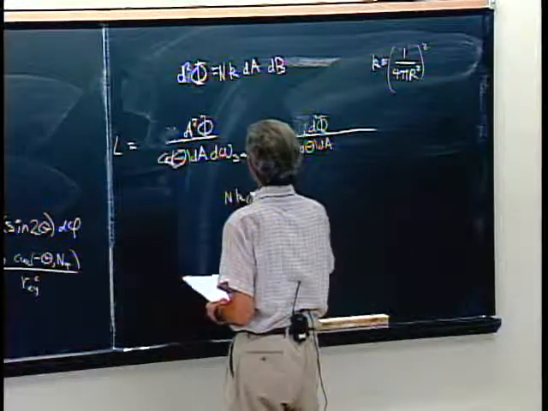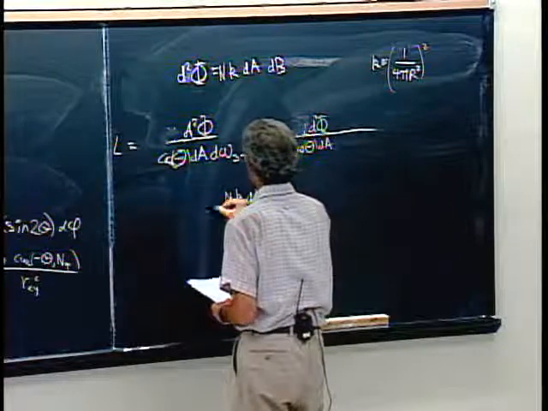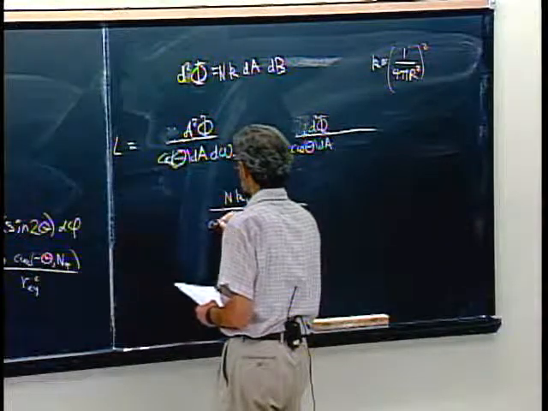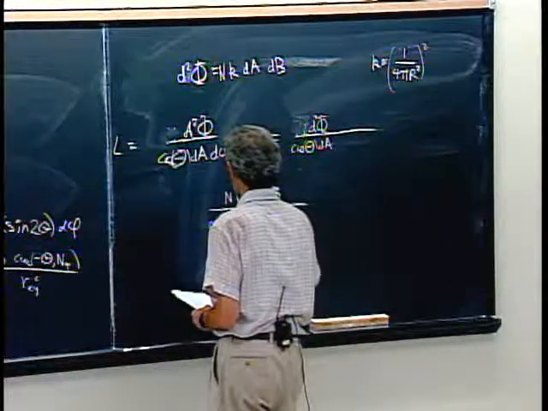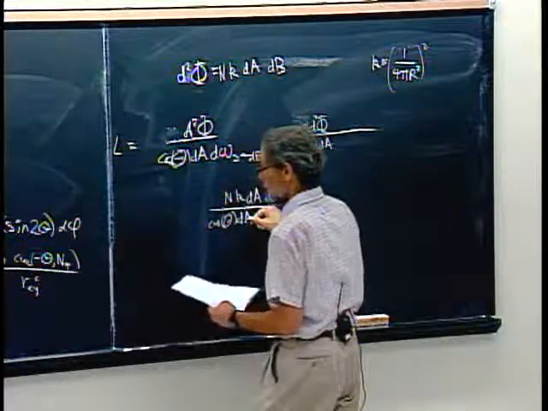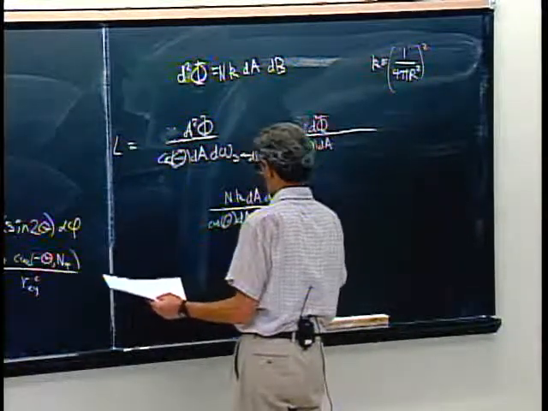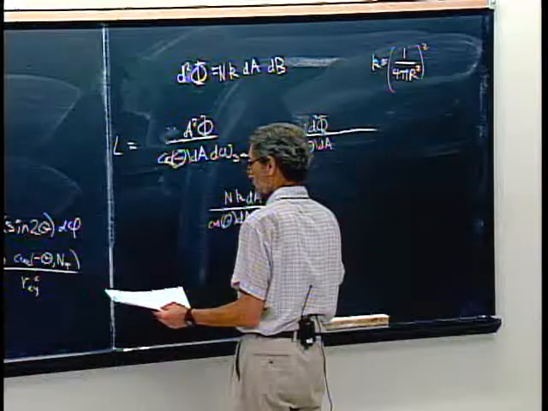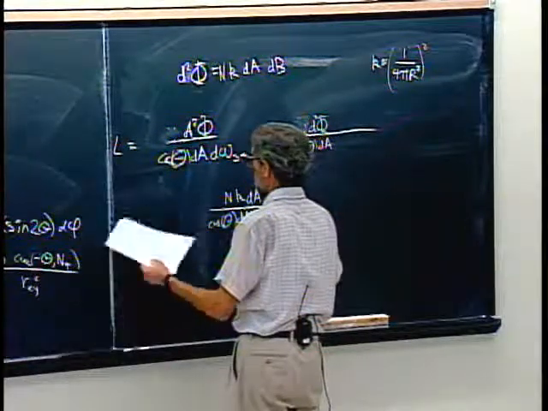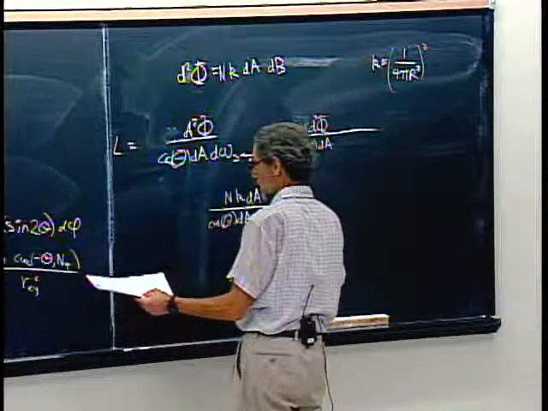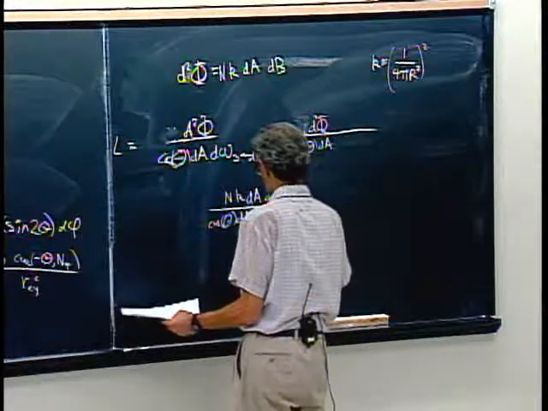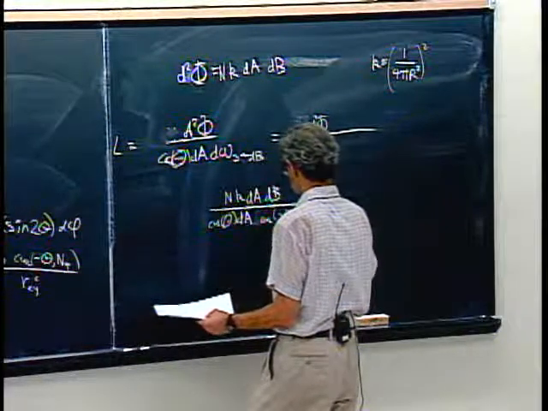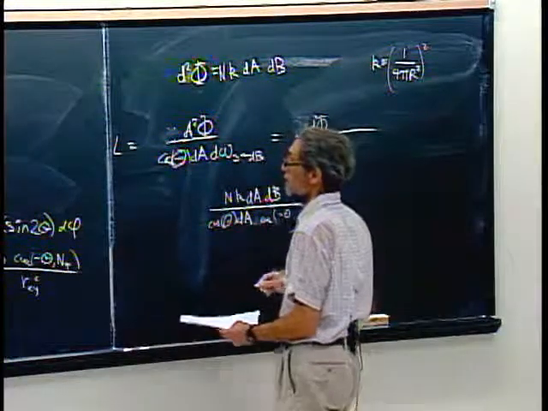n dA dB, and in the denominator I have cosine theta dA, and I have this one is going to be cosine minus, well, let me think.